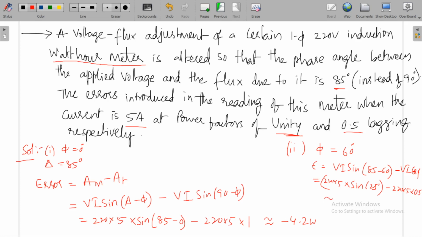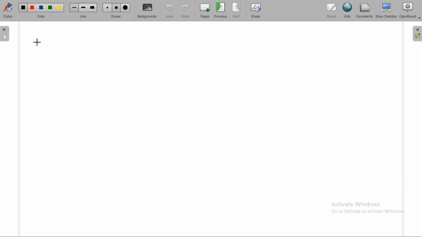Approximately, it is equal to minus 85.1 watts. Now we will go for one more problem.